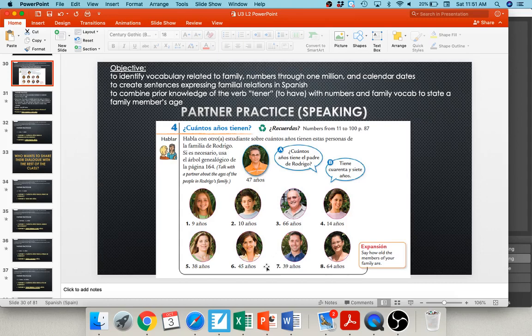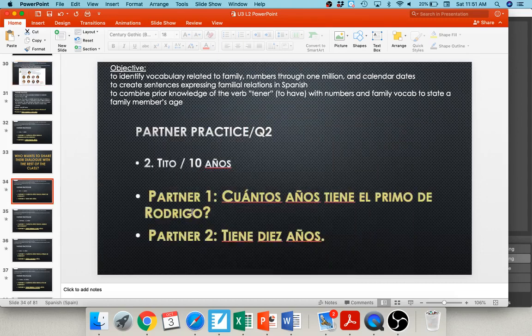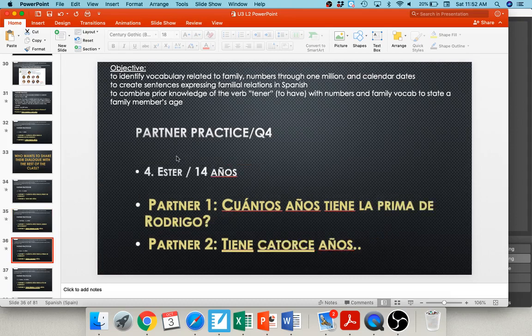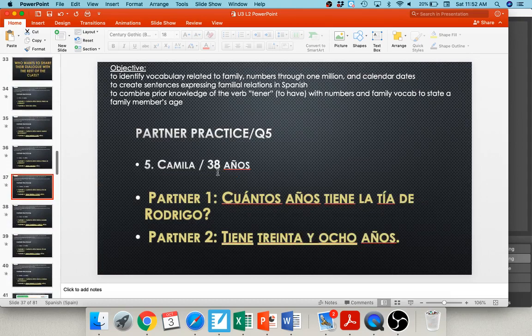All right, let's take a look here. Number 2, it says this guy is 10 years old. So we're going to say, tiene, he has, 10 años. He has 10 years. And number 3, the guy was 66. We're going to say, tiene 66 años. Number 4, Esther was 14. So we're going to say, tiene 14 años. And number 5, Camila, she was 38.